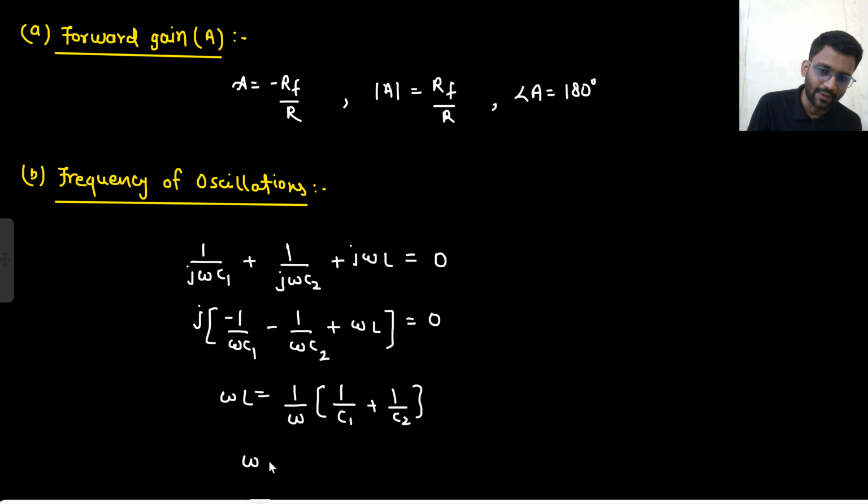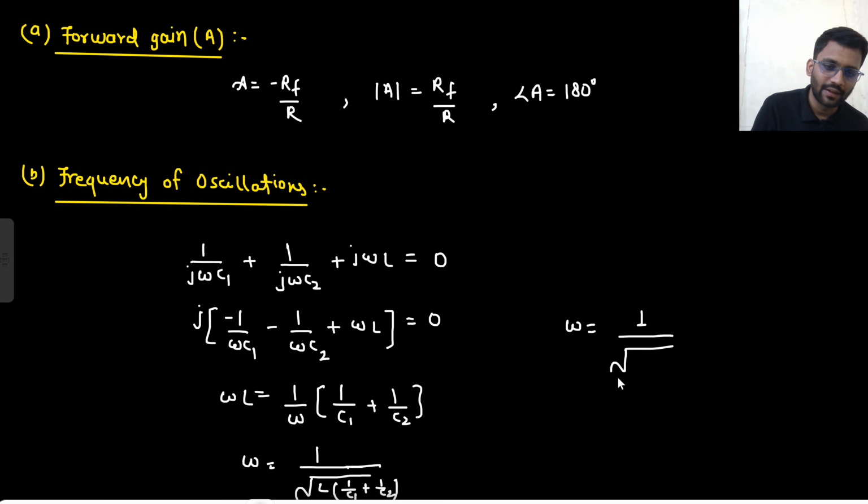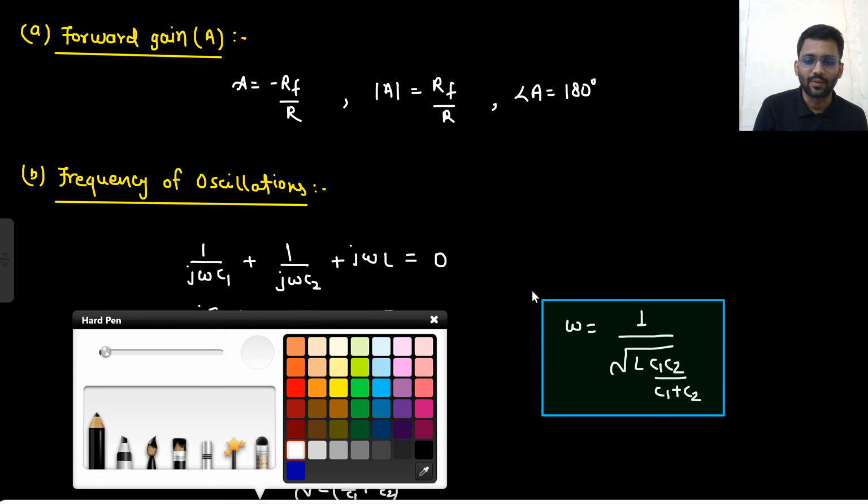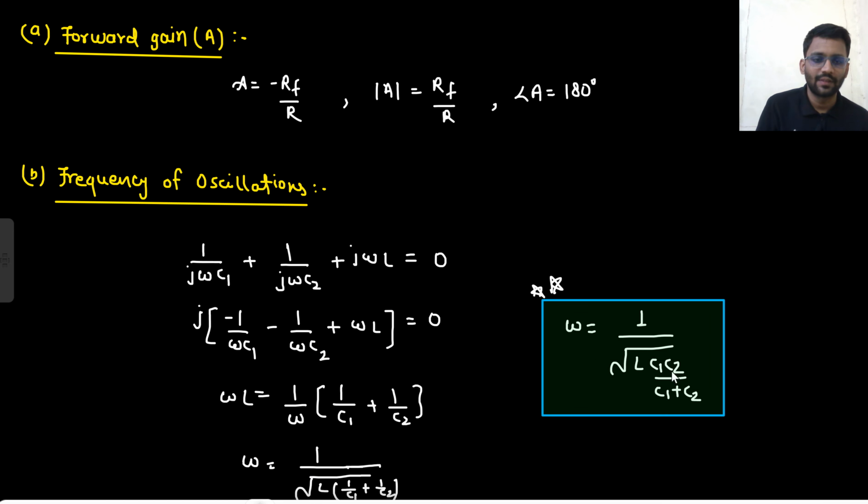So the value of omega is 1 by root of L into 1 by C1 plus 1 by C2. Or you can write omega is 1 by root L C1 C2 upon C1 plus C2. This is the frequency of oscillations.